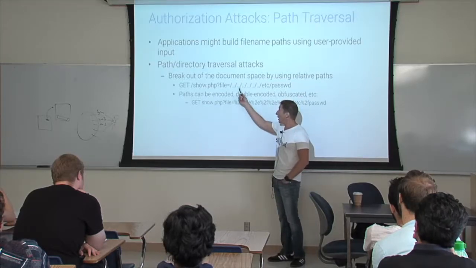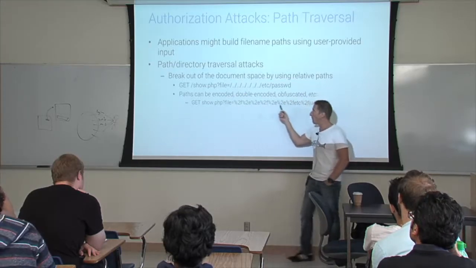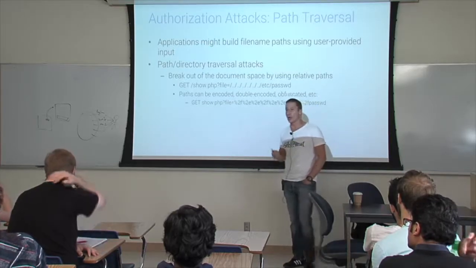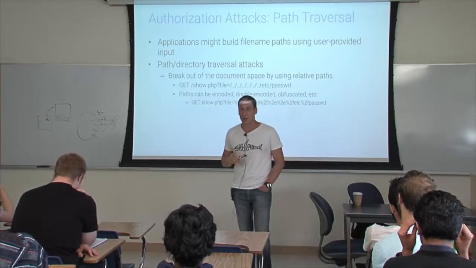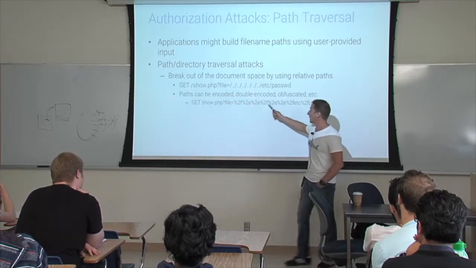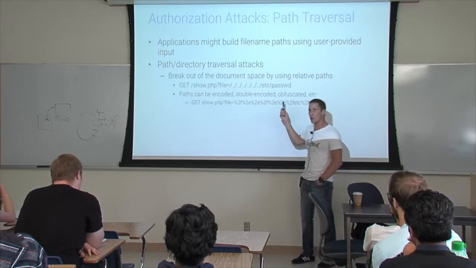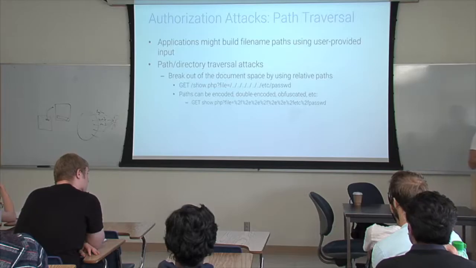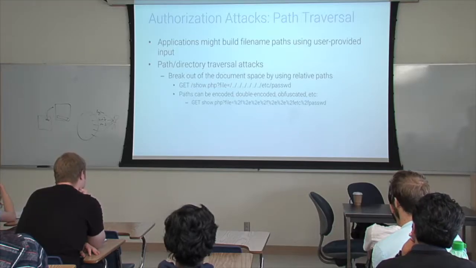Note that a lot of these attacks work with a bunch of encoding, and this makes sanitization a lot more difficult, because the same string that you see here can be encoded like this. Maybe you don't see the string exactly, but you see the encoded version of that entity.